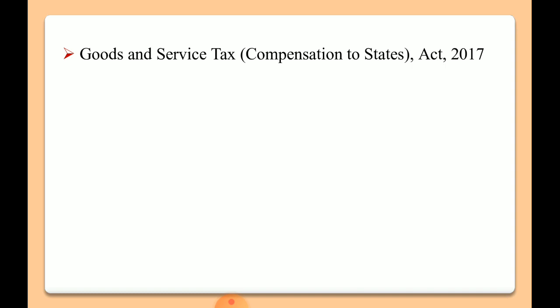Actually, this act provides a mechanism to compensate the states on account of loss of revenue which may arise due to implementation of GST for the period of 5 years. It means from the date of implementation of GST, for the period of 5 years, if states are facing any loss of revenue, it will be the responsibility of central government to compensate those states.